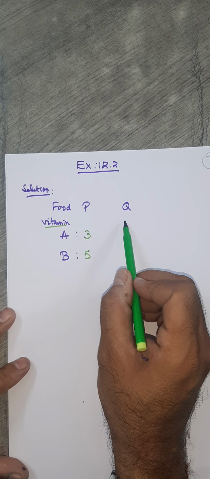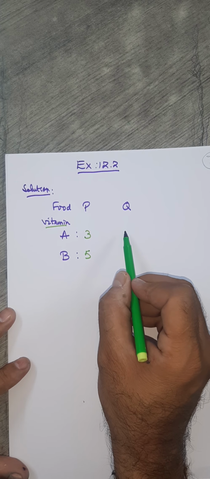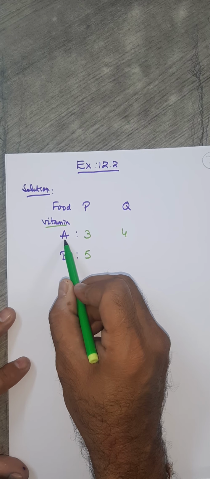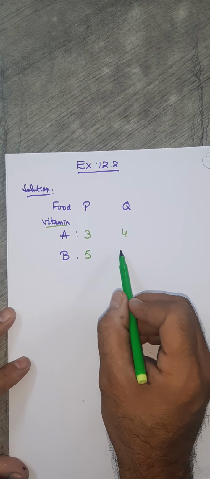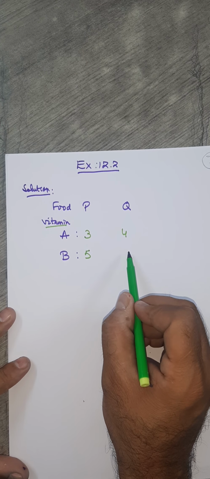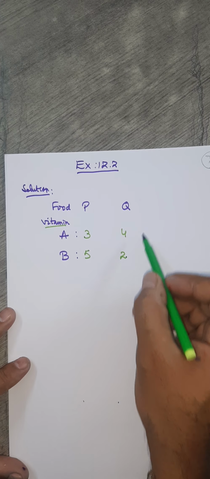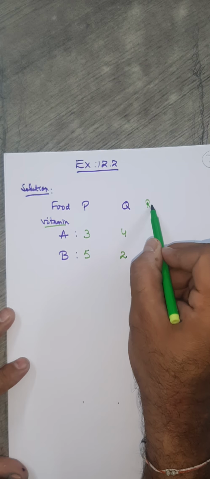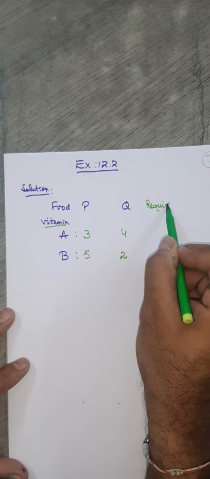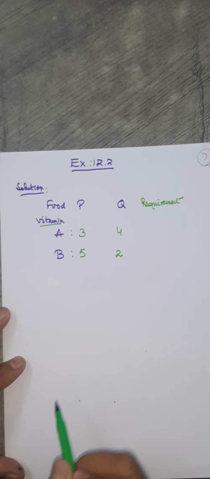Food Q contains 4 units of vitamin A and 2 units of vitamin B per kilogram. Now, what is the minimum requirement? Let me write here requirement.